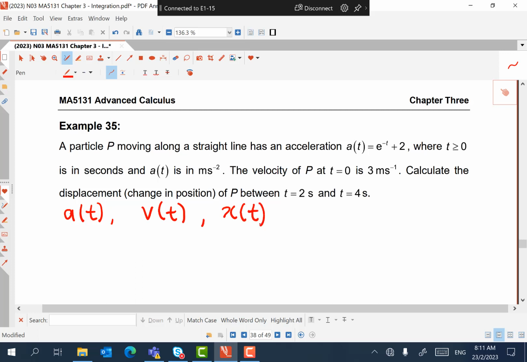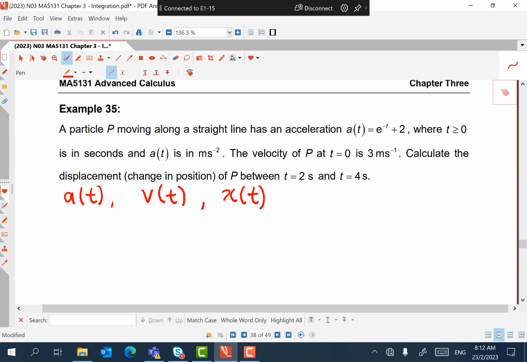So in this question, it is actually asking you for the change of the displacement between t equals 2 and 4. So they're basically asking for this.